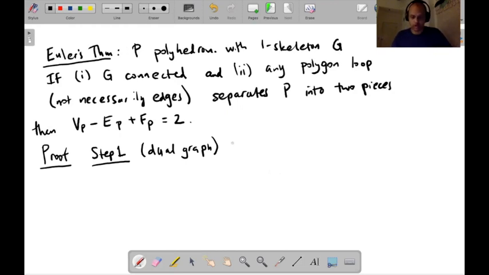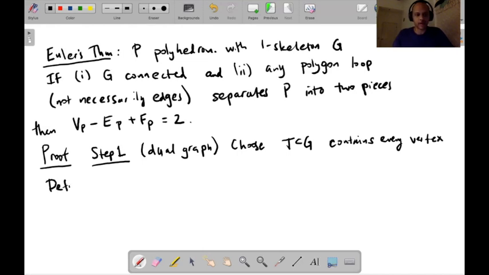First, choose a tree T in G that contains every vertex. And we're going to define a dual graph, which will be denoted G prime.